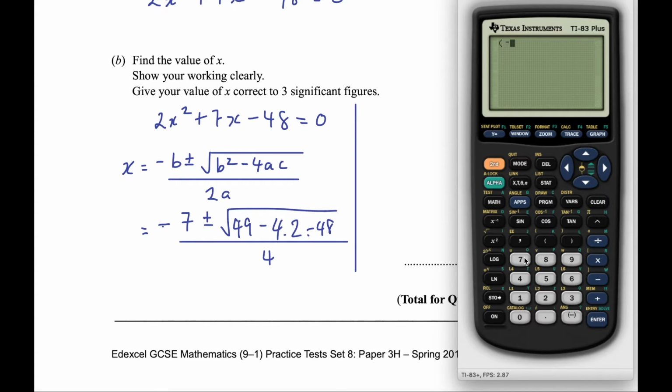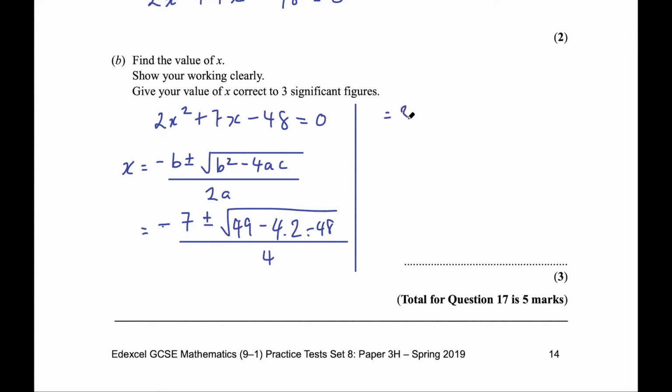So negative 7 plus all of this, so the square root of all of that. Okay, once you've entered that all correctly, and it might be easy if you have a fraction button on your calculator, check if you have a fraction button, but enter it all correctly, you will get 3.452, etc. And then do the negative.